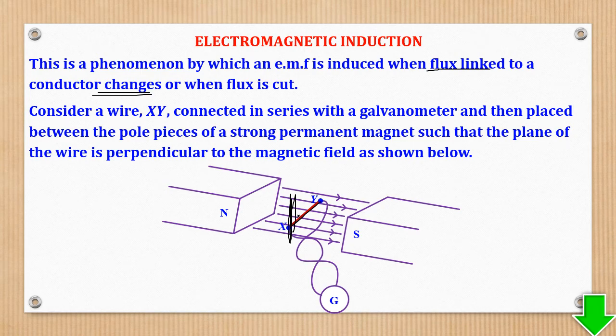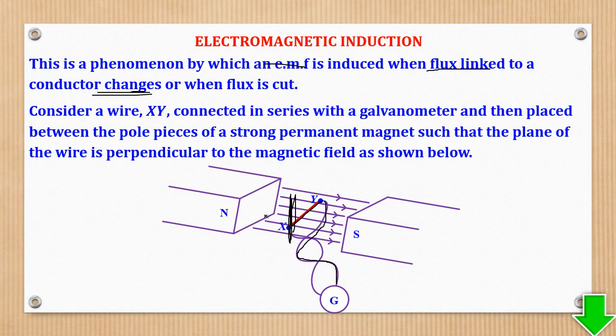So when I move the wire up and down, the flux linking the wire keeps on changing. Because it keeps on changing, an EMF will be induced. And when an EMF is induced, it means that a current has to flow. That current which flows is what we call induced current. I don't know if it is clear.